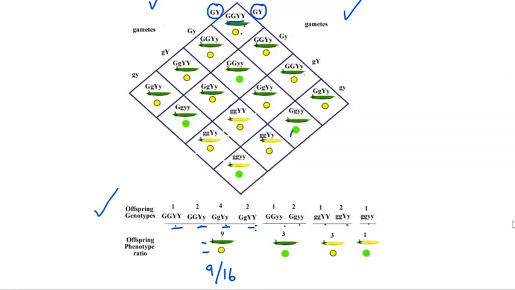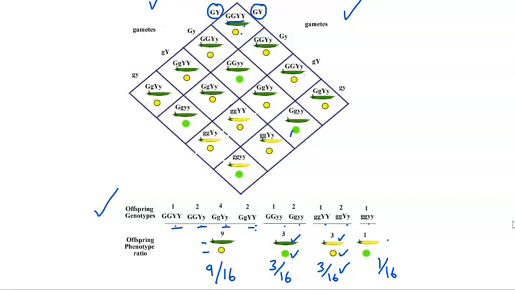So that's double dominant. 1 out of 16 would give us the double recessive, yellow pod and green seed. And then here we have 3/16 that has the dominant green pod, but the recessive seed color. And then in the other 3/16, there would be a yellow pod and a yellow seed, like so. So that's recessive here, but dominant here.